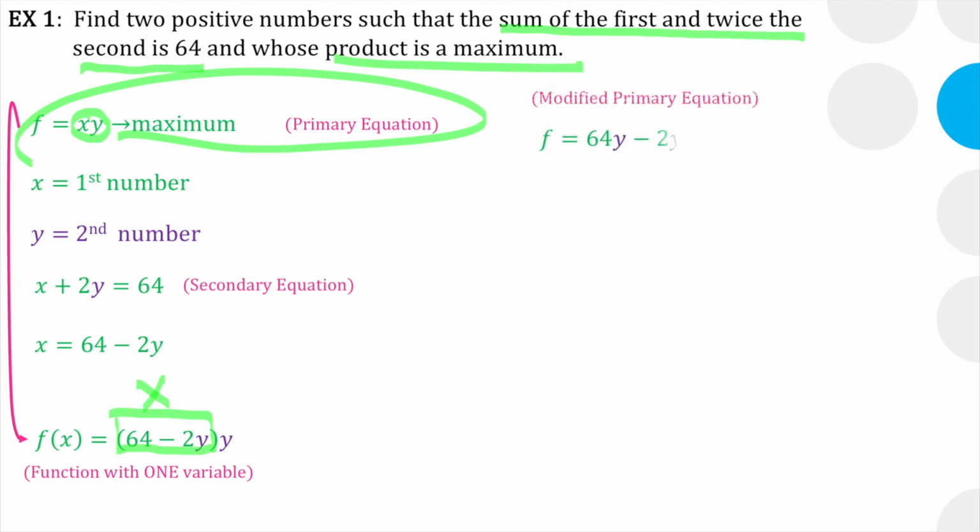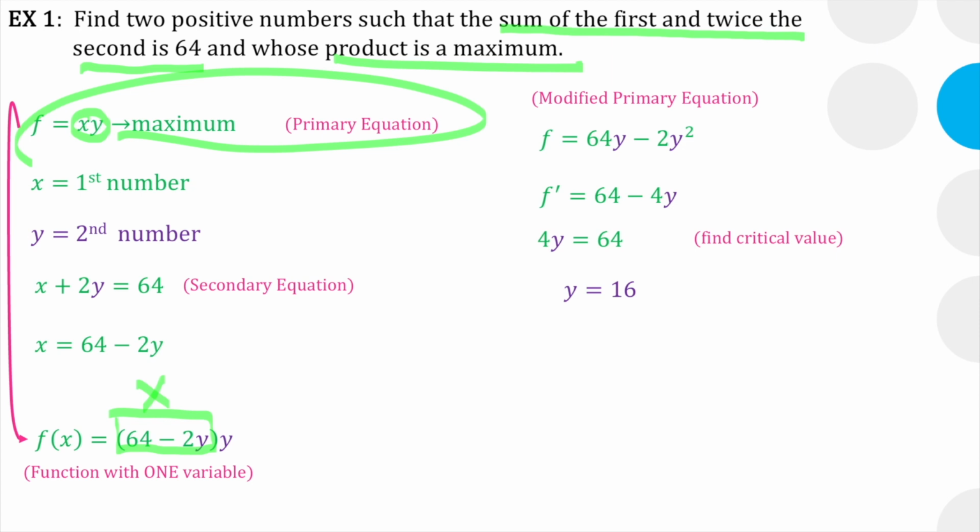That's lovely. So we'll take our modified primary equation, and if ever we want to find a maximum or a minimum of something, guess what we need? The derivative. So we'll take the derivative and set it equal to 0 to solve for y. Y is 16.